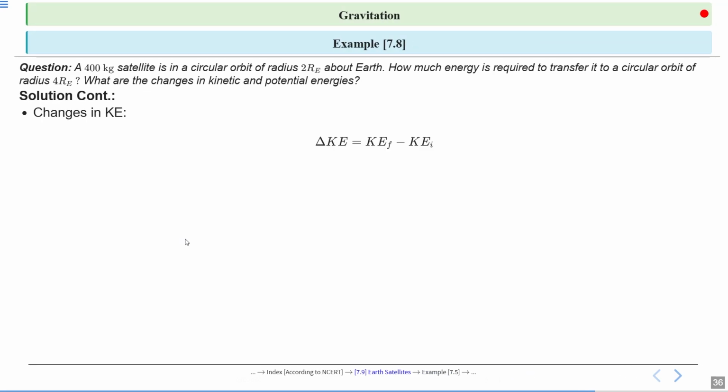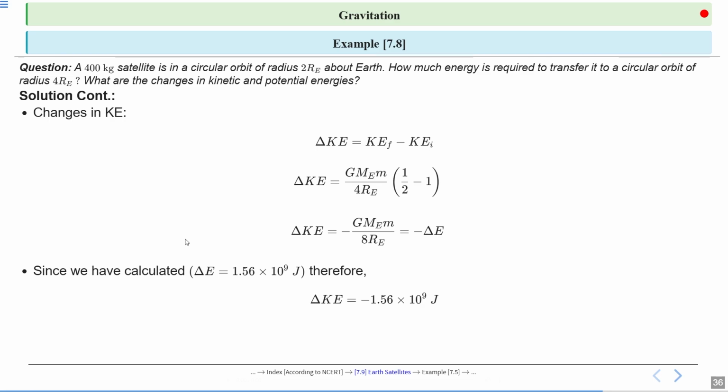Now let's focus on the change in kinetic energy. Change in kinetic energy is final kinetic energy minus initial kinetic energy. Solving this, you get GMₑm/4Rₑ × (1/2 − 1). So the change in kinetic energy is equal to −GMₑm/8Rₑ. So it will be the negative of the change in total energy.